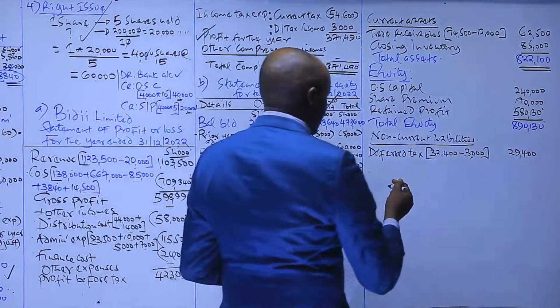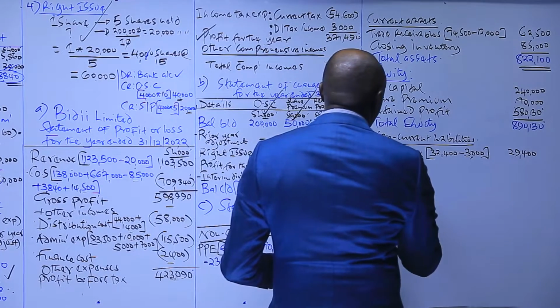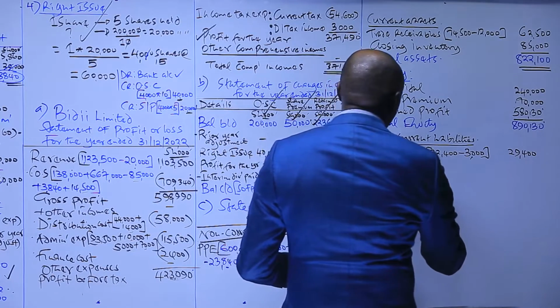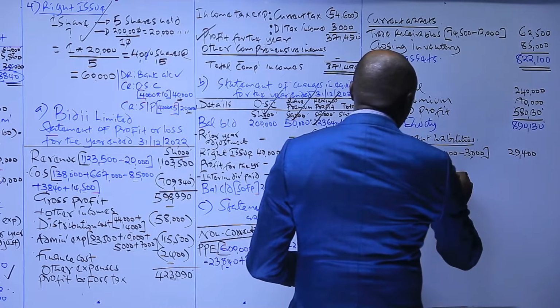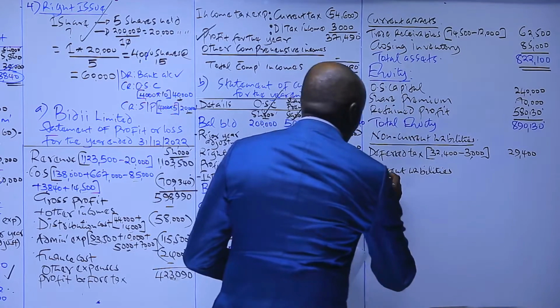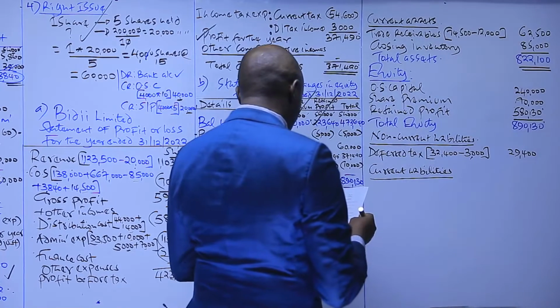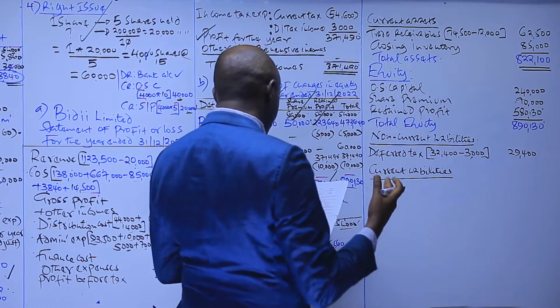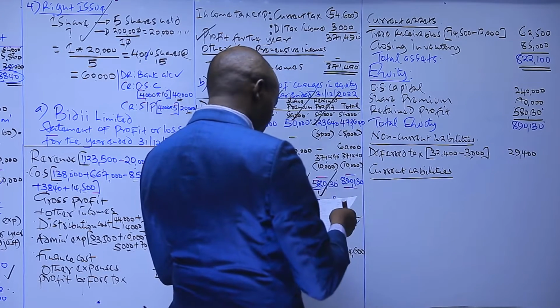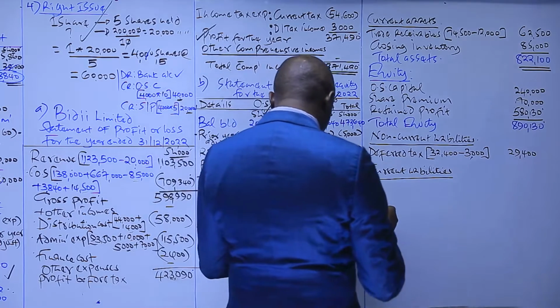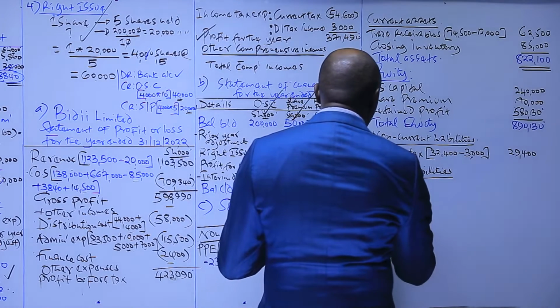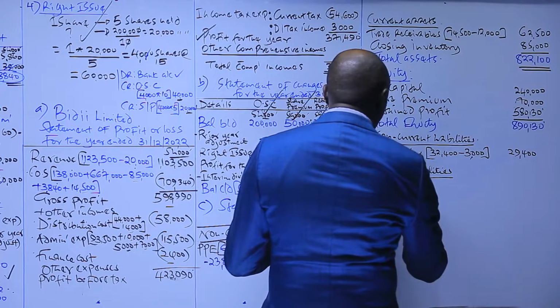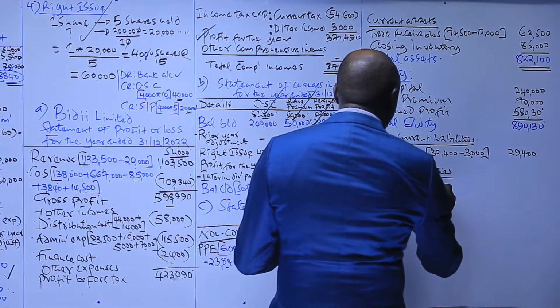So finally, what we need to record are the current liabilities. Current liabilities from the trial balance. Remember, the liabilities have a credit balance. So check the items on the credit side. So one, we have the trade payables.